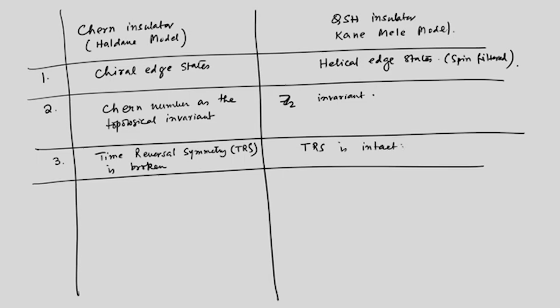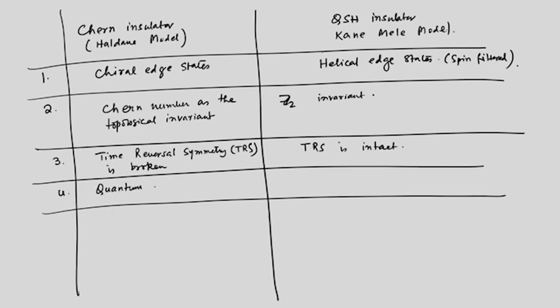So, we have talked about the implications of time reversal symmetry. So, it shows the quantum anomalous Hall effect, and the other shows the spin Hall effect.